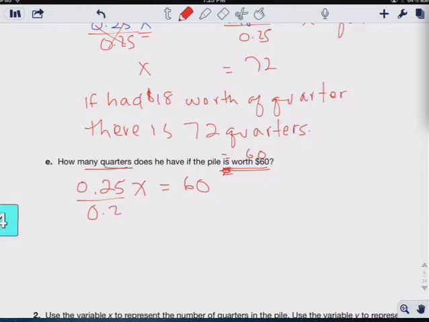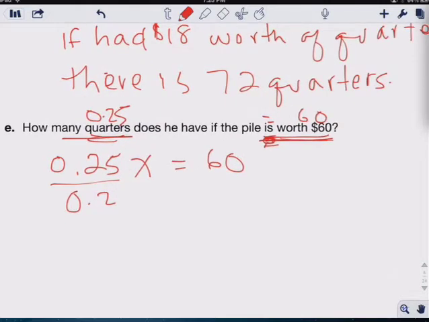Quarters, 25 cents. Give it a variable. Do not ever put a variable next to the words is worth. Write that always to the other number that's far away from it. That's the one that gets the variable. If you ever get lost, that's what you do. You're more likely to get it right.